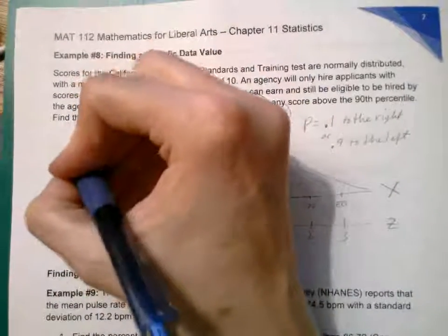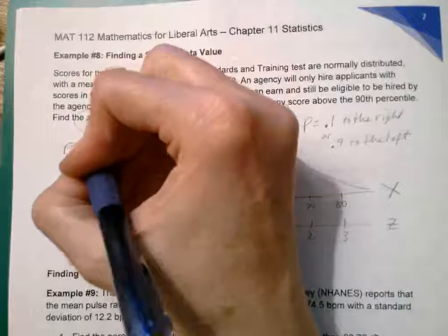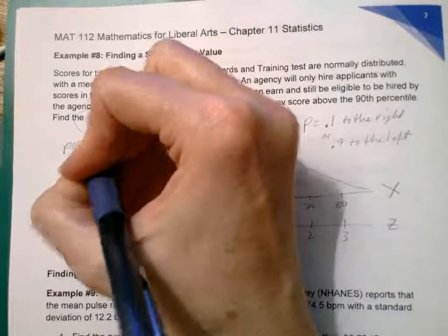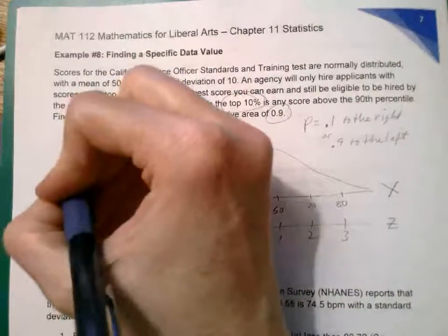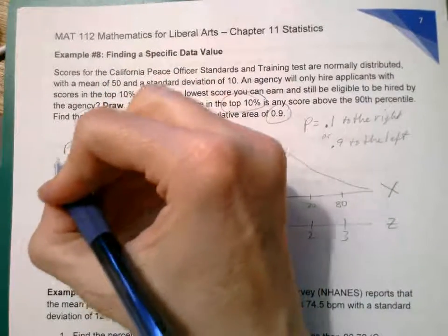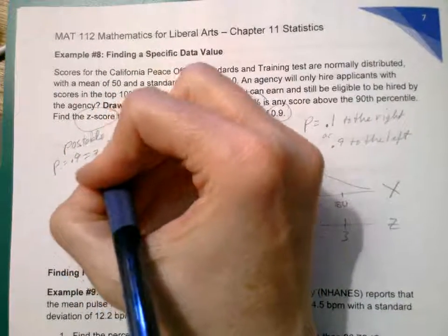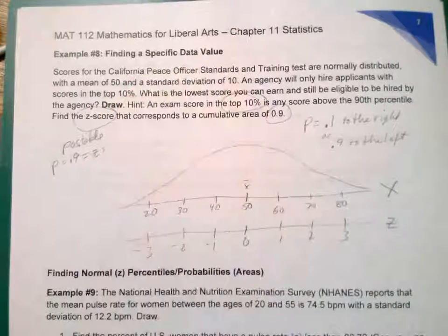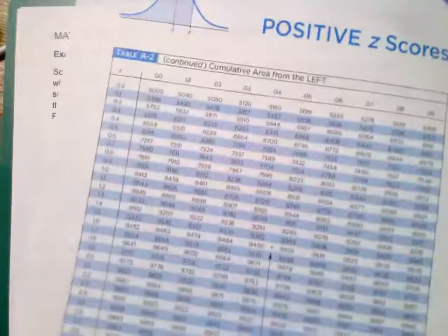So I'm going to the positive z-table for 0.9.